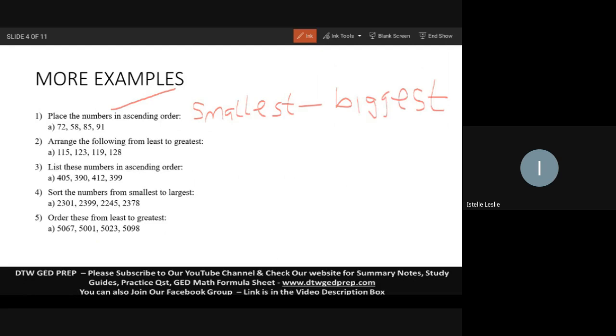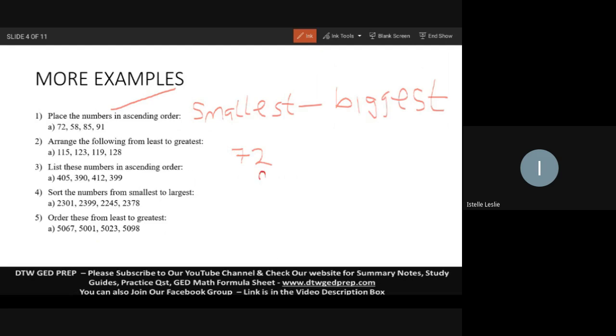So same way, we can align them with the place value so that we have, if I pick the first one, on the ones position we have 2, on the tens position we have 7, so we can just arrange them that way.